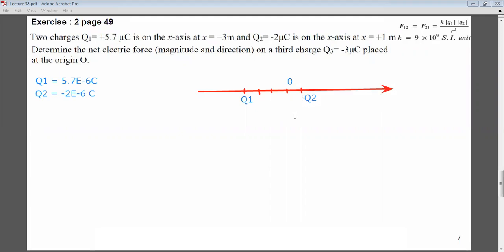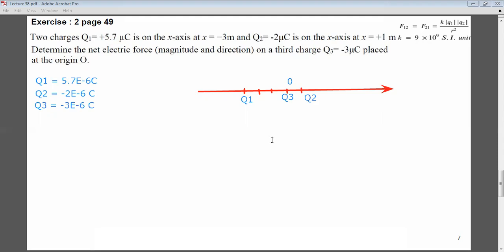Determine the net electric force, magnitude, and direction on a third charge Q3. So I have Q3 equal minus 3 microcoulomb, so minus 3e-6 coulomb, placed at the origin. So Q3 is here.